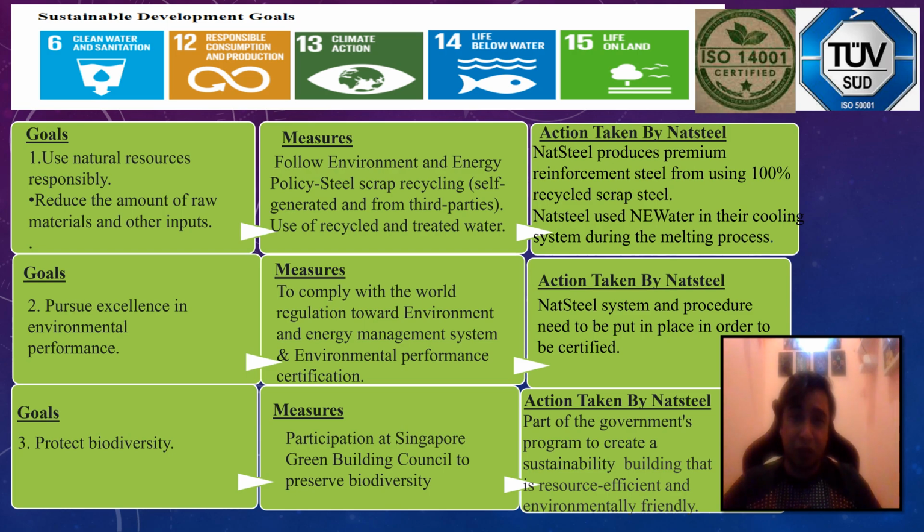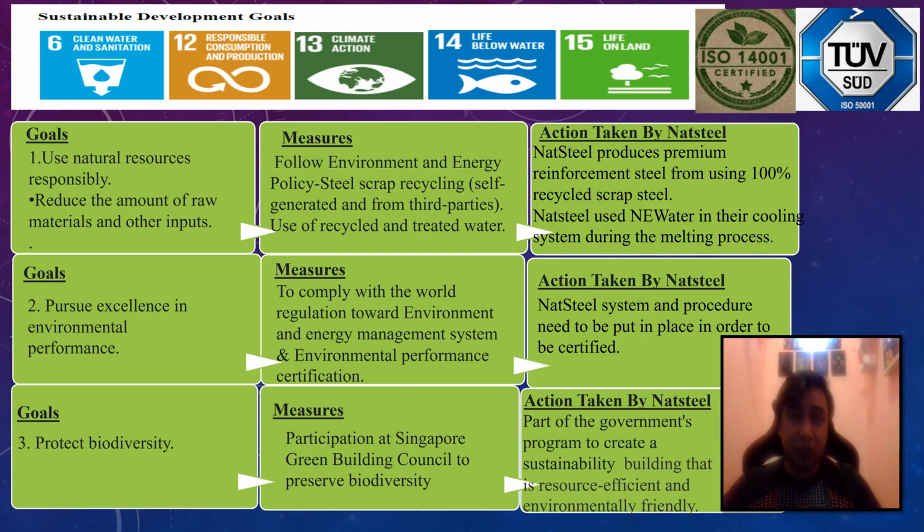NATSTEEL has no issues in doing so because most of their premium products are produced from recycled steel scraps. The other measure is to use recycled water and treated water. This NEWater from Singapore water recycling plants can be used for their cooling system during the melting process.